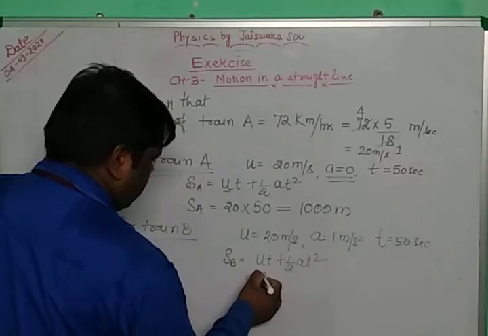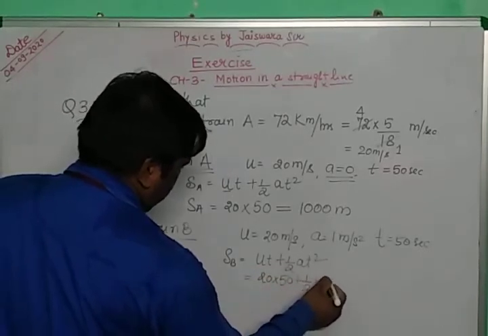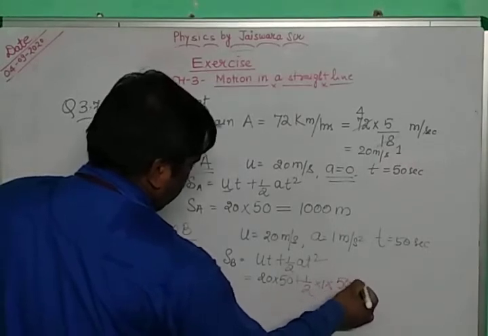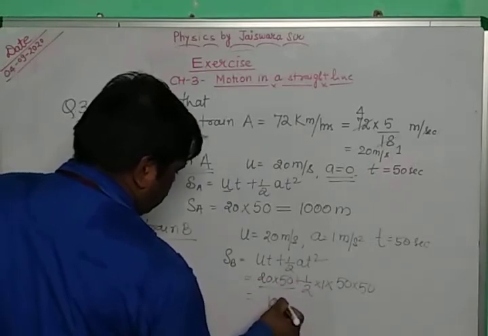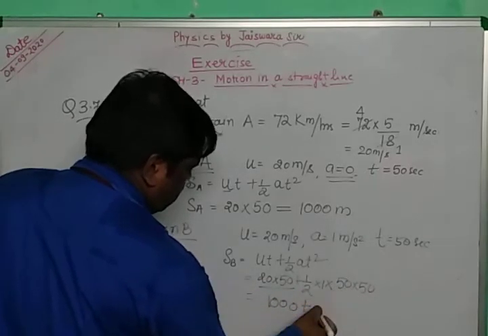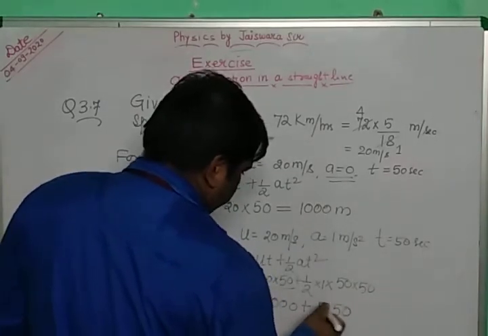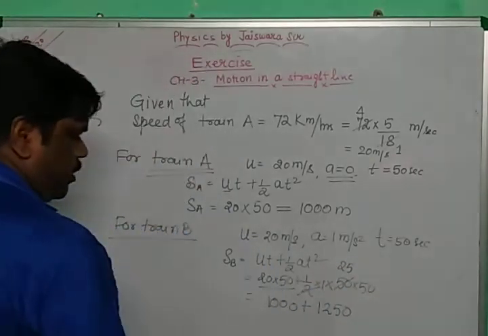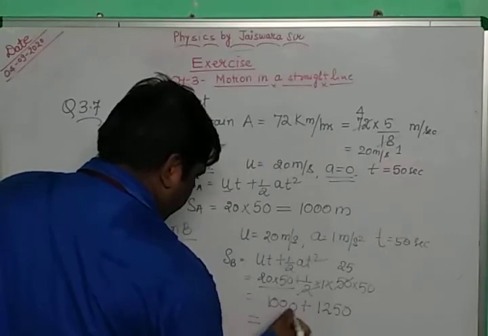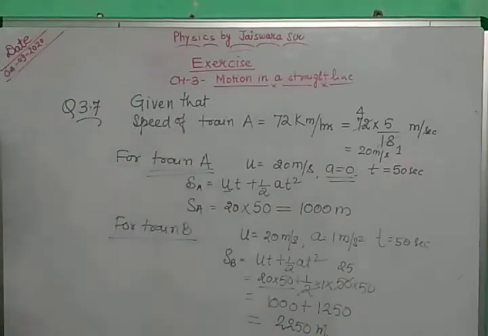Here it will be 20 into 50 plus half into 1 into 50 into 50. So it becomes 1000 plus 1250, and finally we will get 2250. This will be in meter.